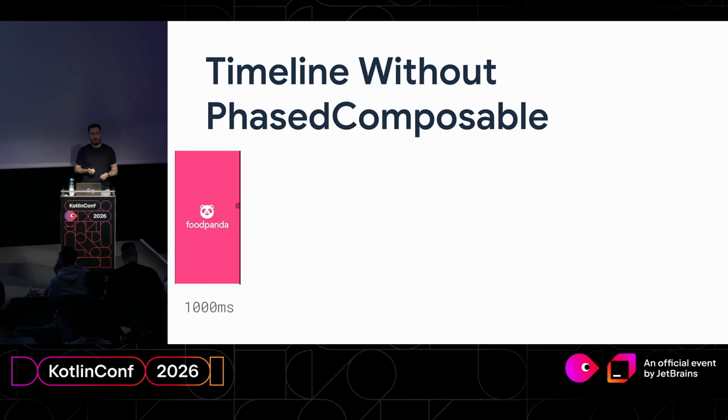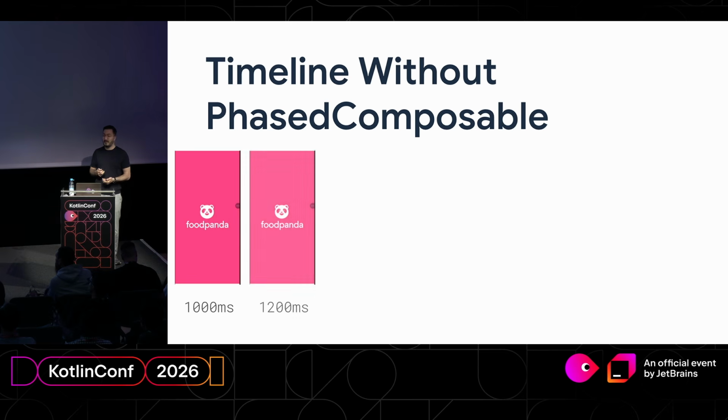Before the phase composable, our splash screen, let's say, lasted 1000 milliseconds. We had to wait a little bit more because Android's first frame is special. The splash screen continues to stay on the screen until the first draw operation of the new activity finishes. That means even when you load your theme, Compose, and all of the components in the first frame, including the shaders and whatever the render thread is doing, the user will not be able to see it.